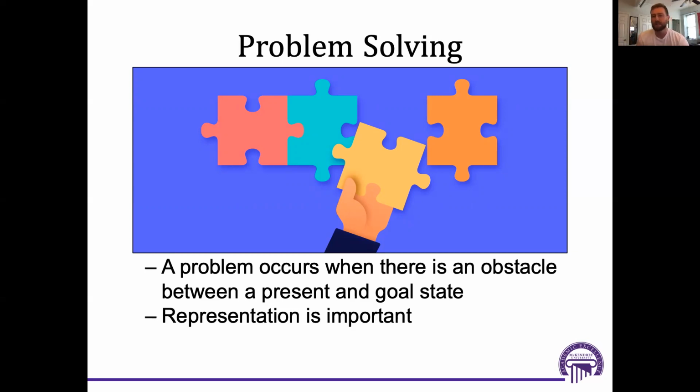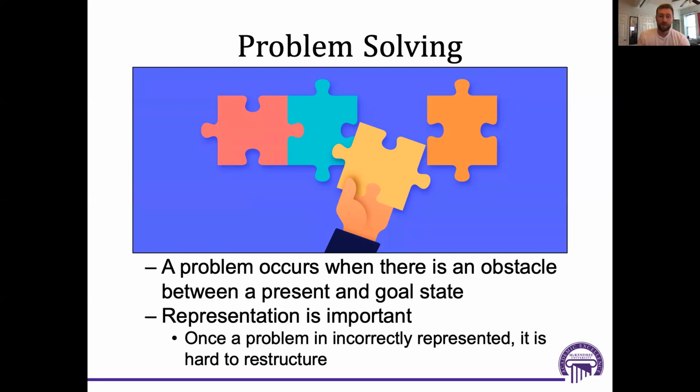If you don't fully understand the problem and what you're trying to solve, then it's going to be a lot more difficult to solve that problem. Once a problem is incorrectly represented in the mind, it is hard to restructure that problem and to think of it in a correct way. That's the reason why building an appropriate, accurate internal model of the problem is so very important.